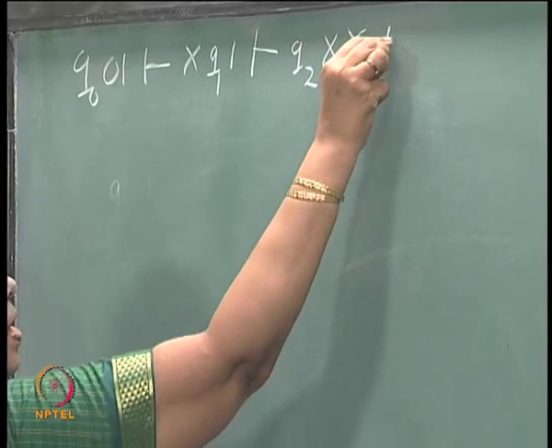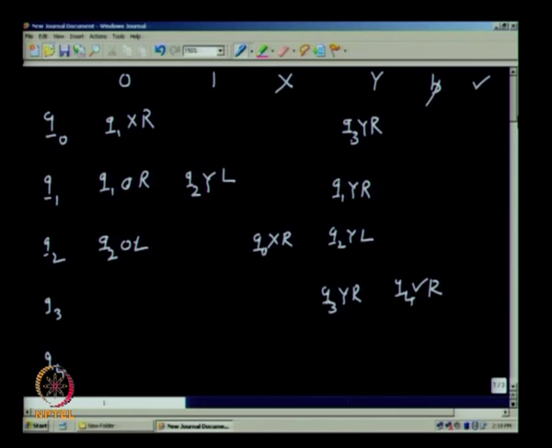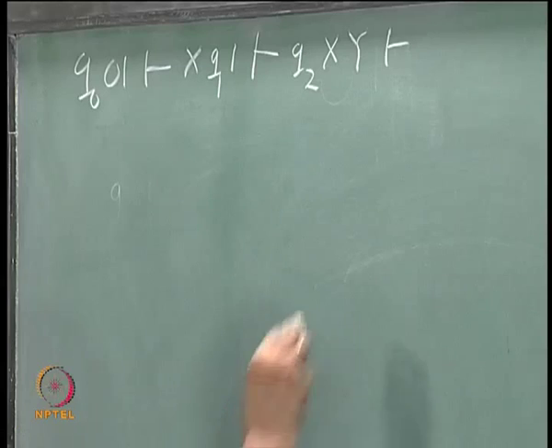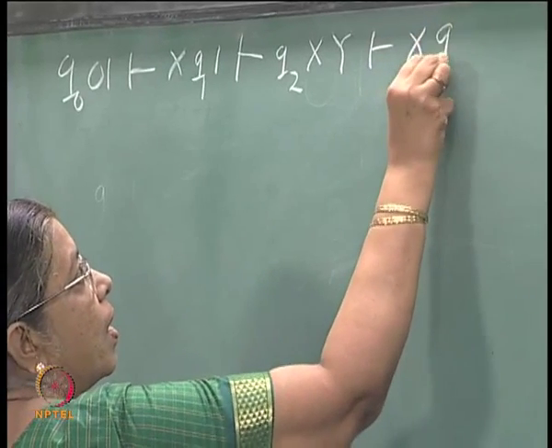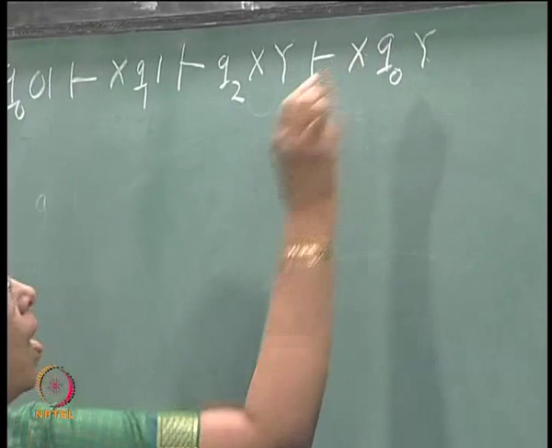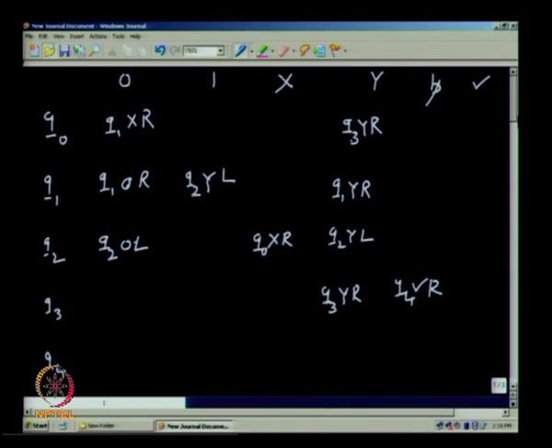In Q2 when it sees an X, it moves right in Q naught, and in Q naught when it sees a Y, it moves right in state Q3.